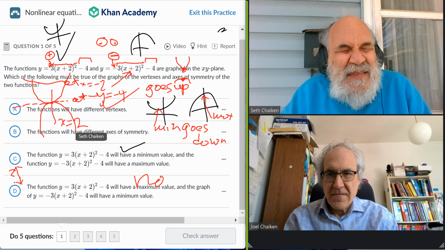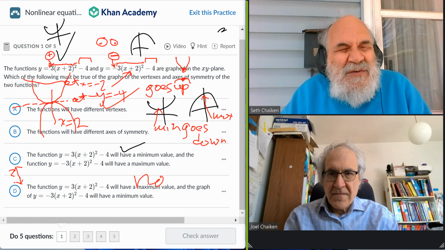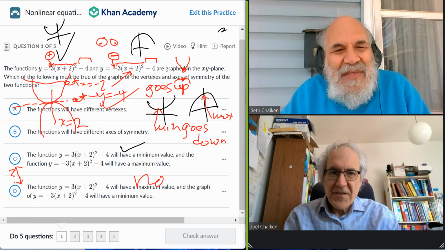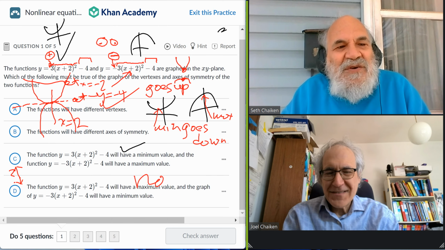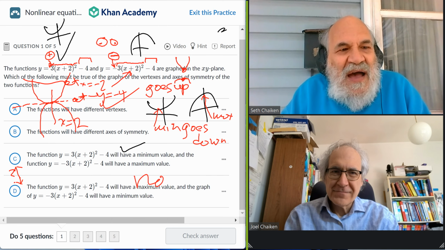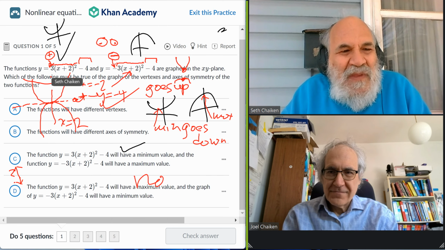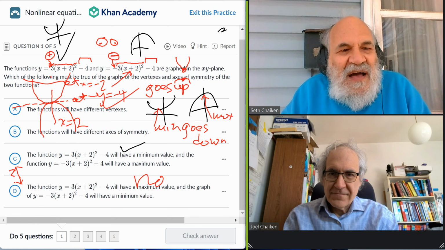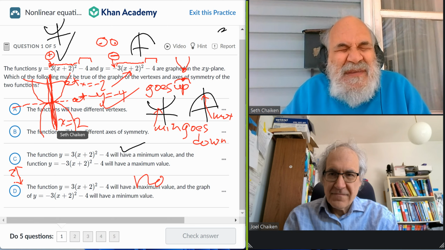So what are the axes of symmetry? There are 2 axes of symmetry. There's a vertical axis; you flip them over there.